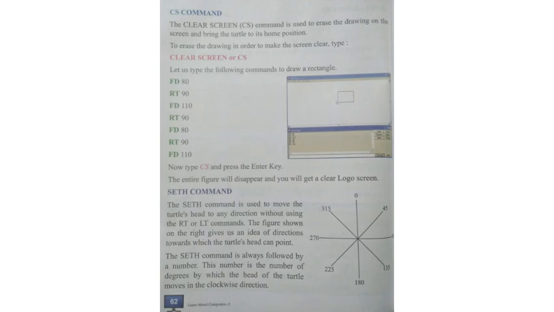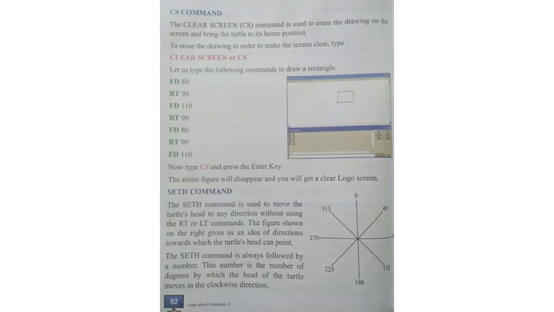So this is called the clear screen command. How will it work? Like FD 80, RT 90, FD 110, RT 90, FD 80. After writing the last command, we will write CS and press the enter key. Whatever commands you have given will be erased from the screen.